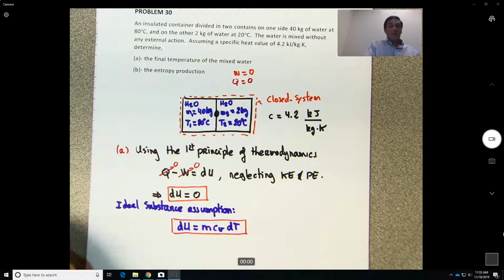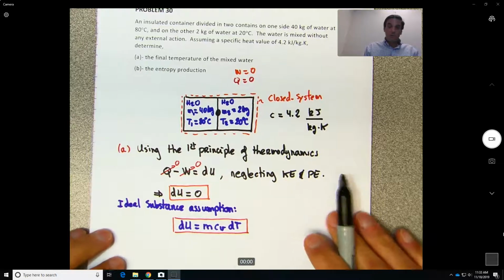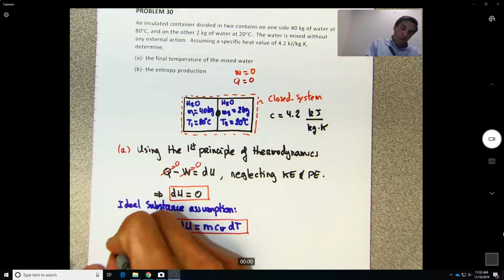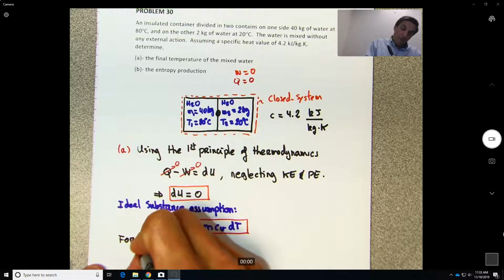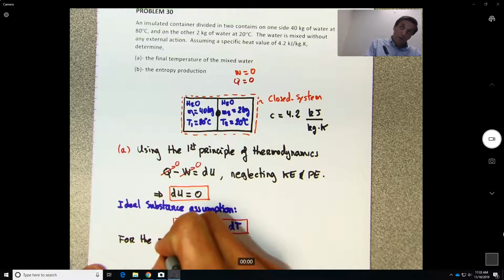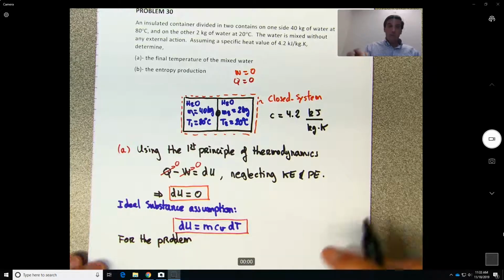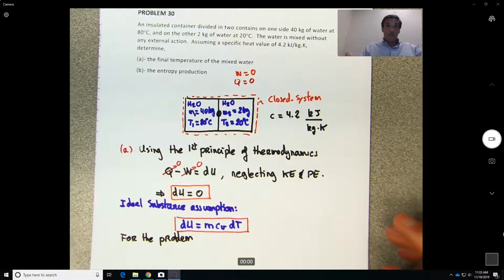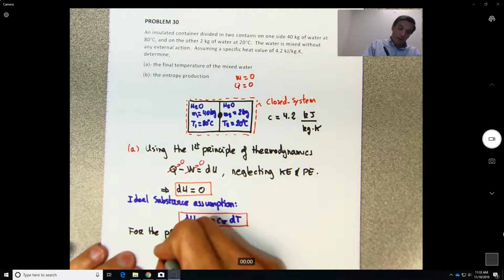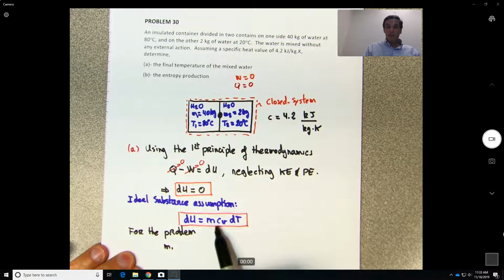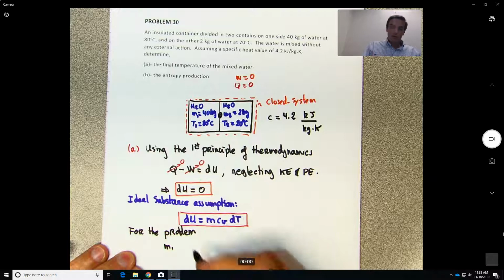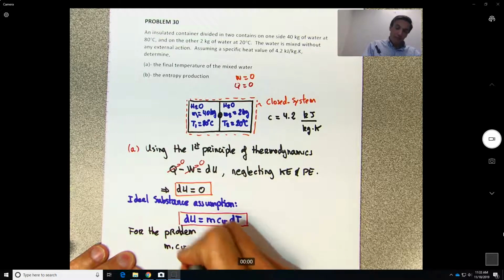So if we combine this equation and this one, what are we going to have for the problem? If I can zoom out just a little bit, we're going to have that M1, so the energy contained by the hot water would be M1 Cv dT, which will be equal to what?